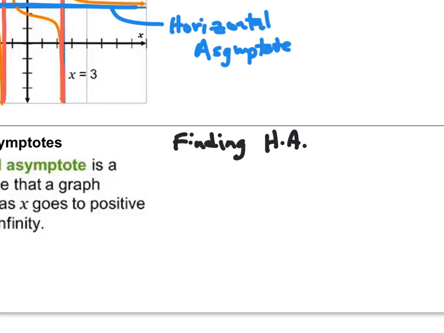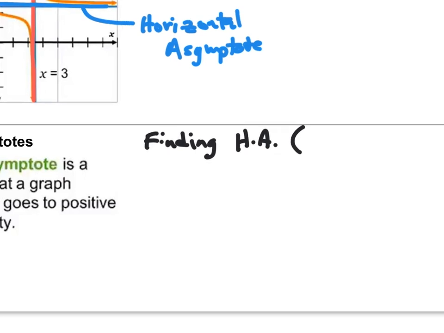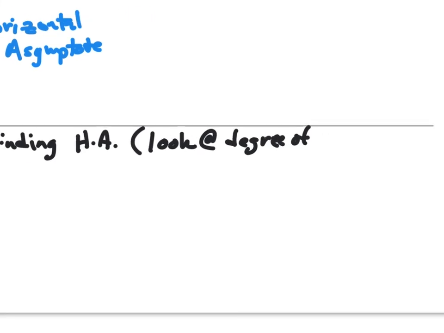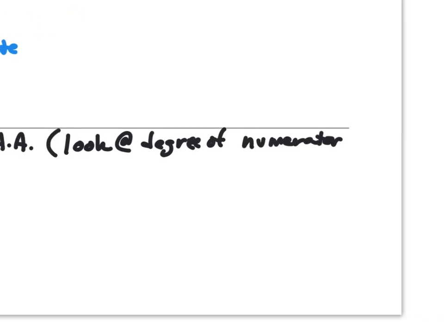We've got a couple different scenarios here. We have to first look at the degree of the numerator and denominator, and that will tell you what your horizontal asymptote is.